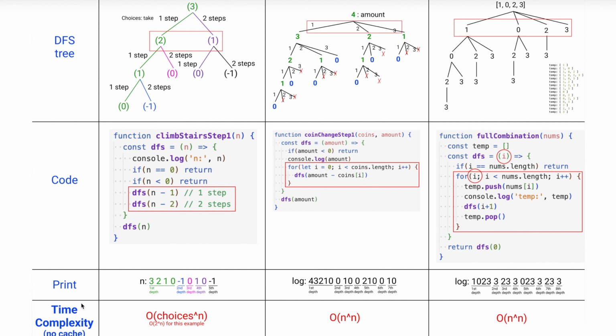Now, one thing to remember, the time complexity of recursion is very high. For example, for a few choices, the time complexity equals the number of choices to the power of the data length. For n choices, it's n to the power of n. This is very bad, but we don't worry about it for now. We have a way to make it much lower. And for full data point combination, the time complexity is n to the power of n.